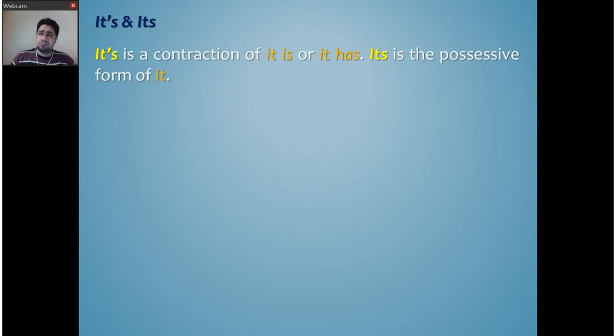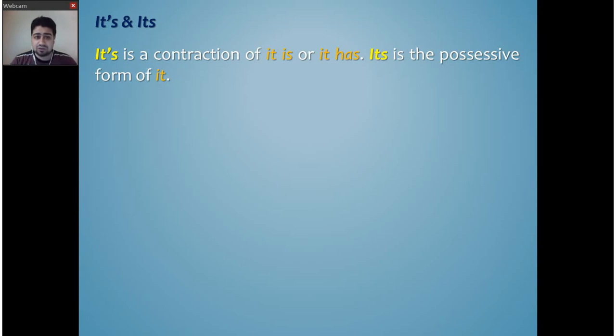Now the difference between it's and its. They are pronounced the same but written differently. The first one is written with an apostrophe and the other one has no apostrophe. These are somehow confusing words. A lot of learners find it difficult sometimes to differentiate between the two, but here is a hint to help you.